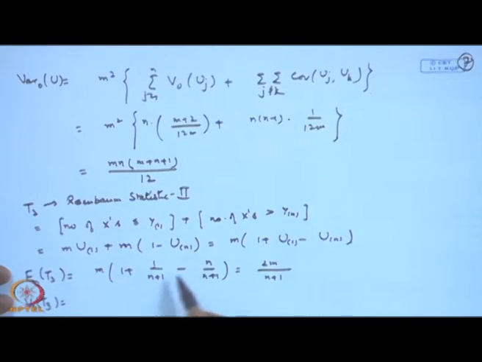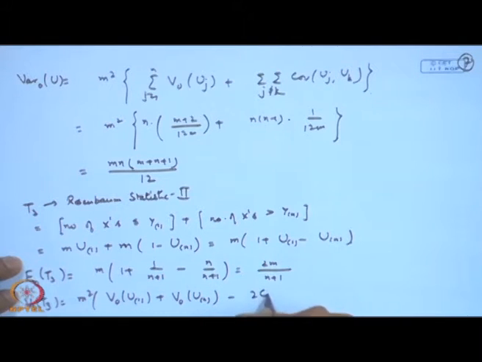The variability of this can be calculated. That will become m square times the variance of U 1 plus the variance of U n and a covariance term here. So, this is m square times the variance of U 1 plus variance of U n minus twice the covariance of U 1 and U n.